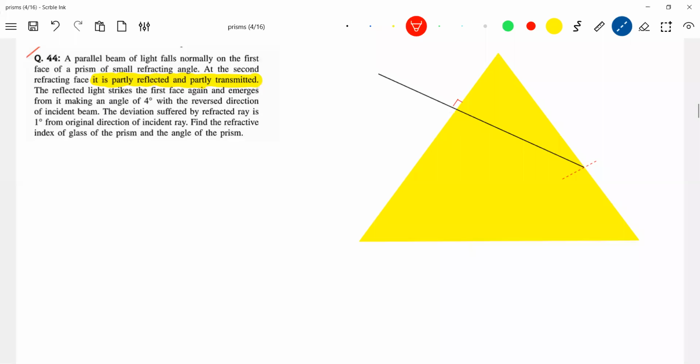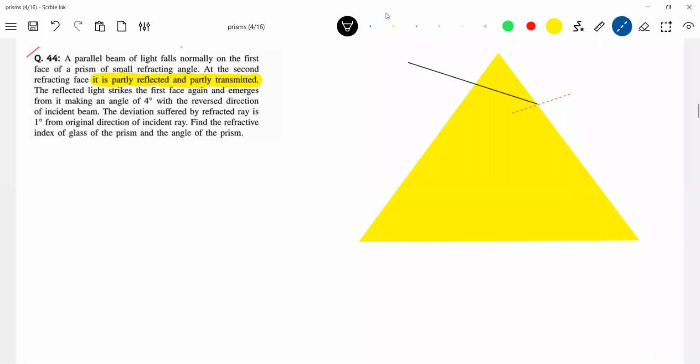I'll draw a better diagram. So this is a normal. Roughly it may not appear normal, but it's a normal.